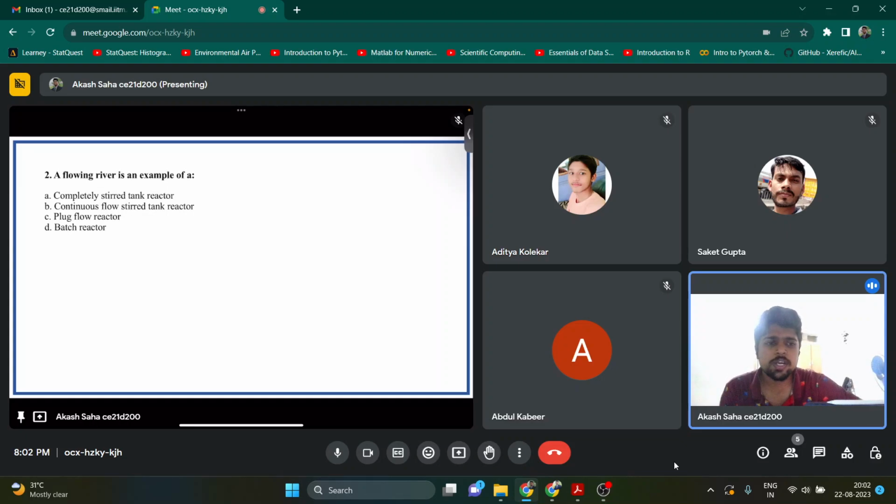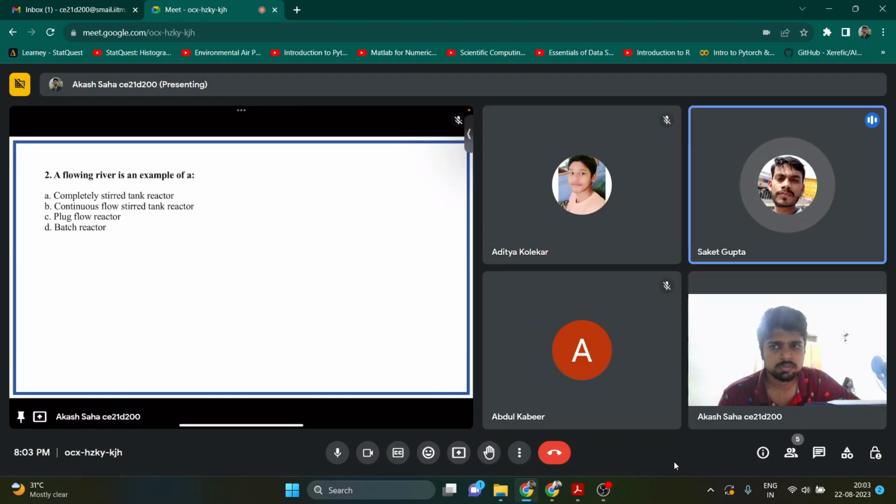Okay. A flowing river is an example of completely stirred tank reactor, continuous flow stirred tank reactor, plug flow reactor, batch reactor. So a river is a type of what reactor? Plug flow reactor.